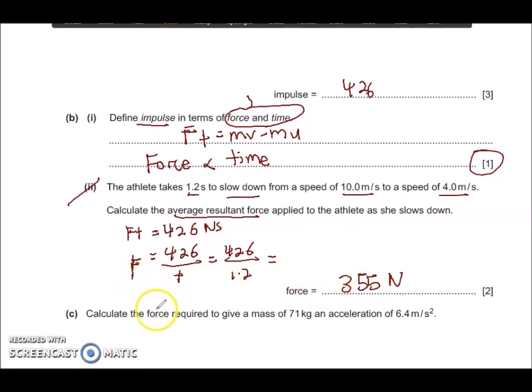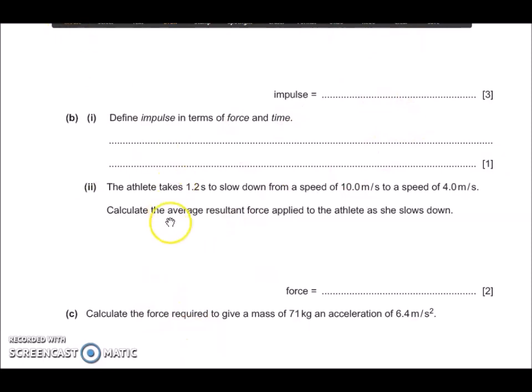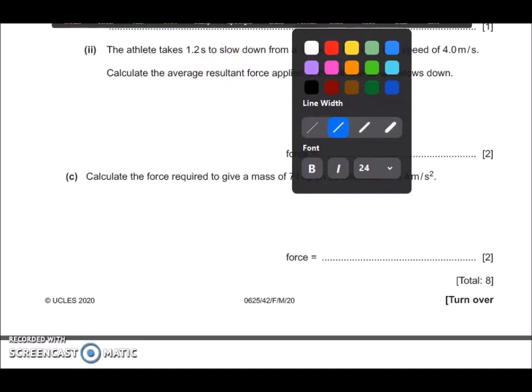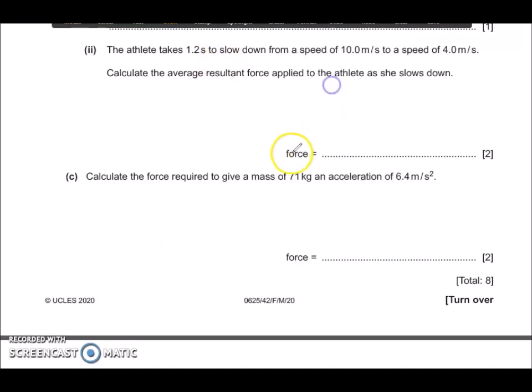Okay, now calculate the force required to give a mass an acceleration. This is way easier because we just have to use the formula, force equals ma. So you'll be getting 71 multiplied by 6.4.